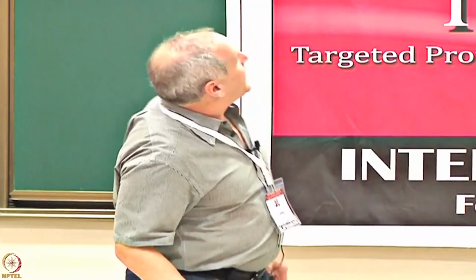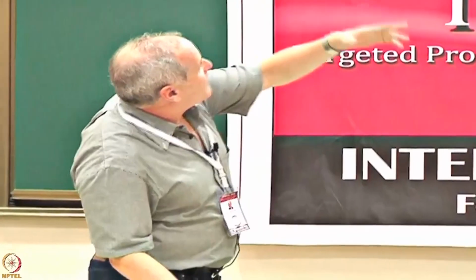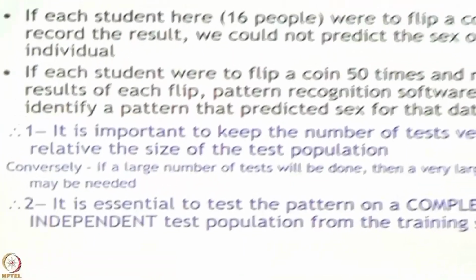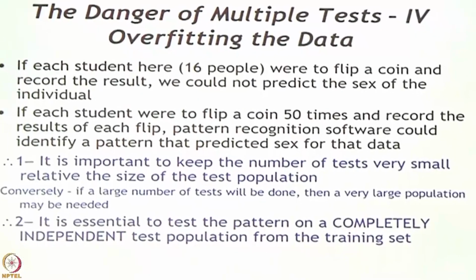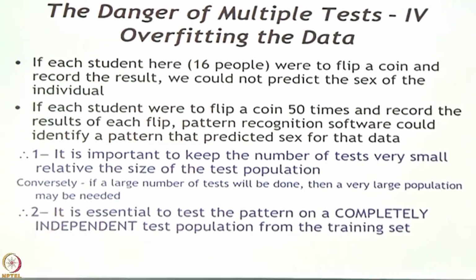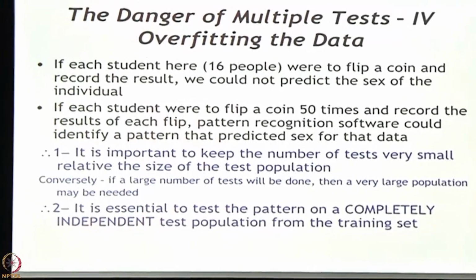So that's kind of what I did here. So imagine if people did all these studies. You have to keep the number of the population small. This is especially a problem when the size of your population is small relative to the number of variables you're trying.